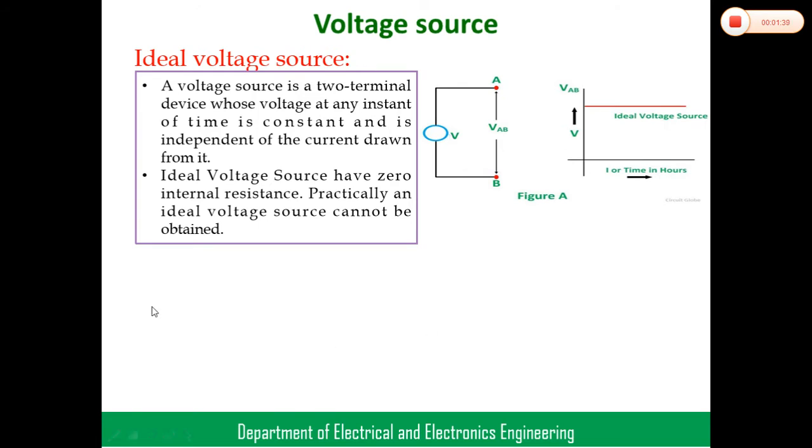It has no internal resistance. The internal resistance of this voltage source is 0. The ideal voltage source has 0 internal resistance. As the current increases, the voltage across the terminals is always constant, because no voltage drop occurs in the circuit as there is no resistance.